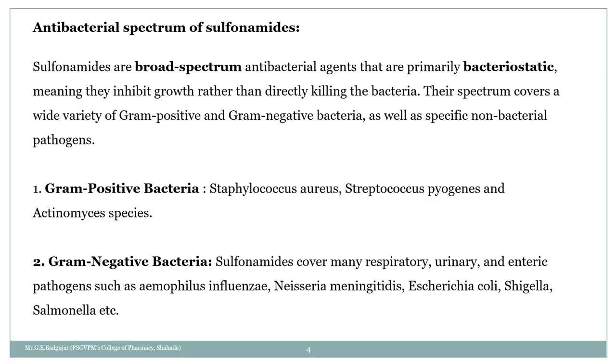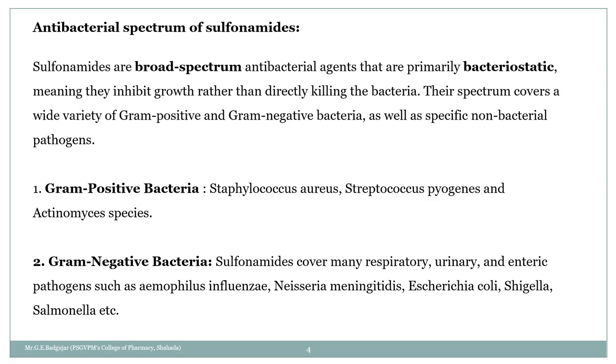Sulfonamides affect some gram-positive bacteria like Staphylococcus aureus, Streptococcus pyogenes, and Actinomyces species also. While gram-negative bacteria include many respiratory, urinary and enteric pathogens such as Haemophilus influenzae, Neisseria meningitidis, E. coli, Shigella, Salmonella and many more.